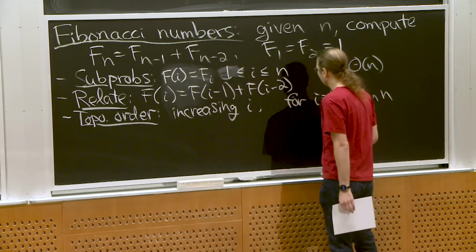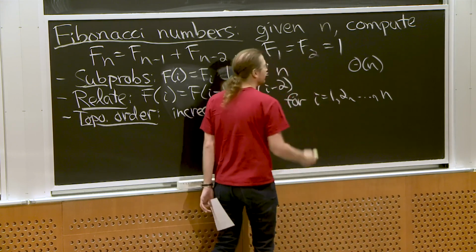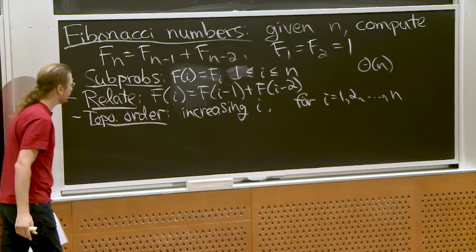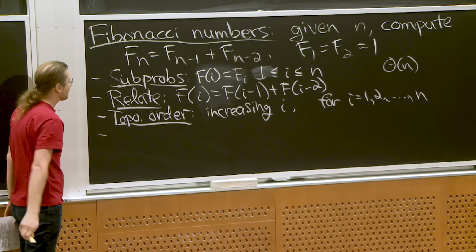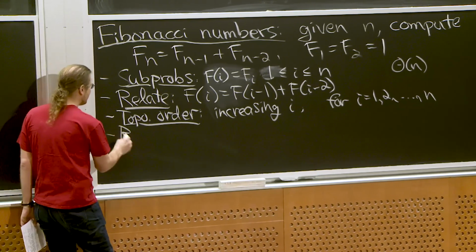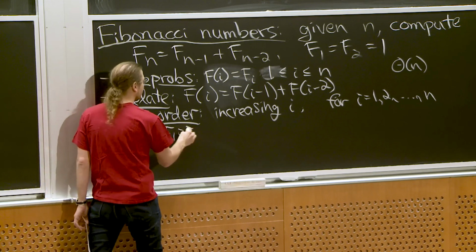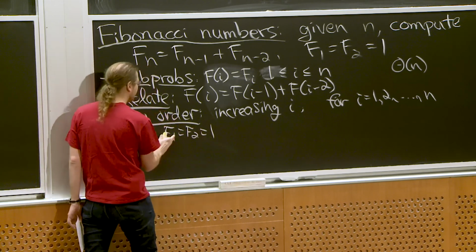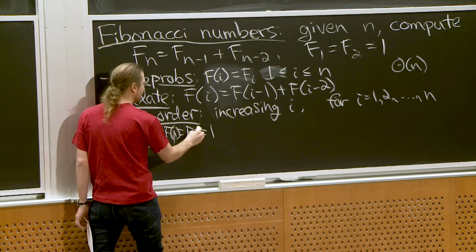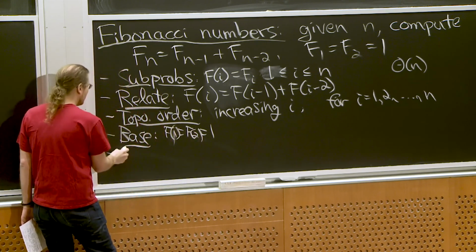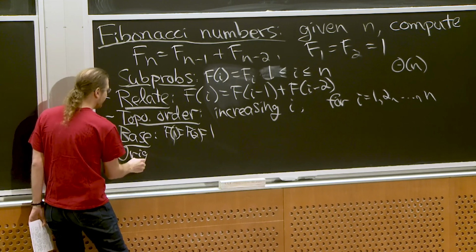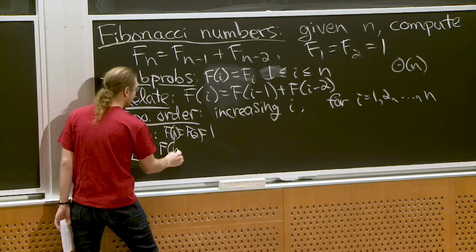Maybe we'll see why. But this gives an explicit order to compute these subproblems. And base case is just the same as the Fibonacci numbers, but I guess I should write parentheses. The original problem we want to solve is f of n.